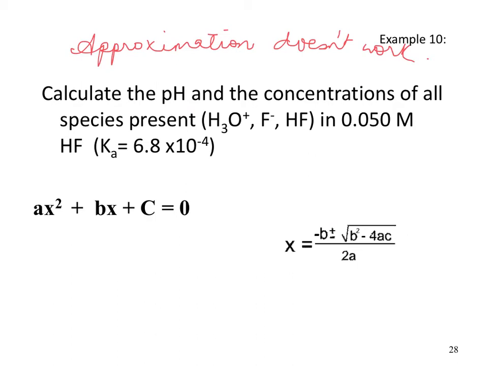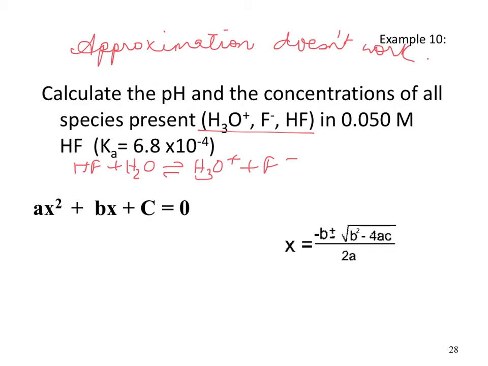As an example, I have here HF with water gives you H3O plus and F negative. The question is, calculate the pH and concentration of all these three species, when concentration is provided and Ka is provided.